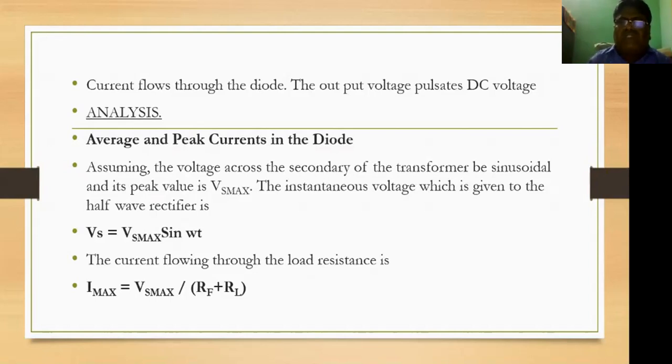V means Vsmax, R means total resistance, forward resistance and load resistance, which gives the total resistance. So according to Ohm's law, Imax, the maximum current, is equal to the maximum source voltage divided by the total resistance Rf + RL, where Rf means forward resistance and RL means load resistance.